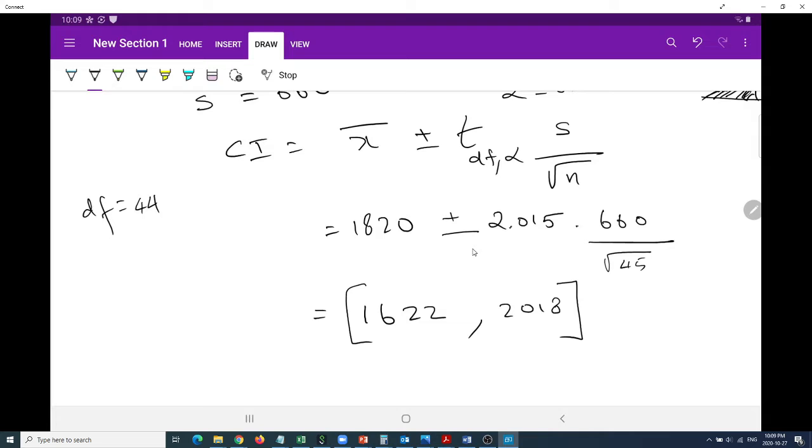So this is your 95% confidence interval. That means when you repeat the sample, 95% of the time the population mean can be found within this interval.